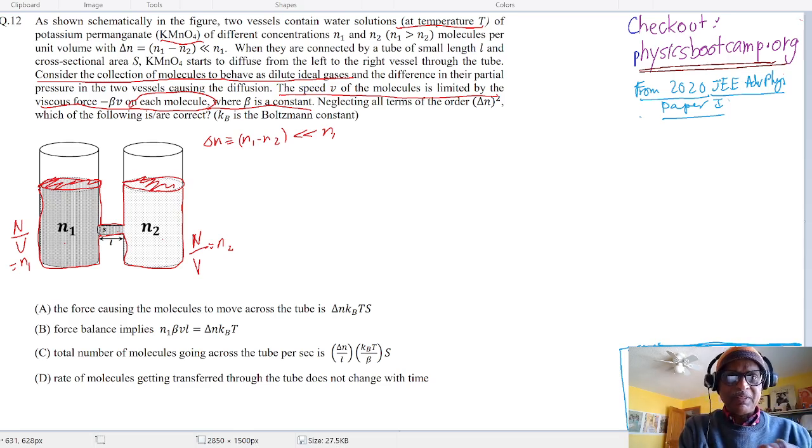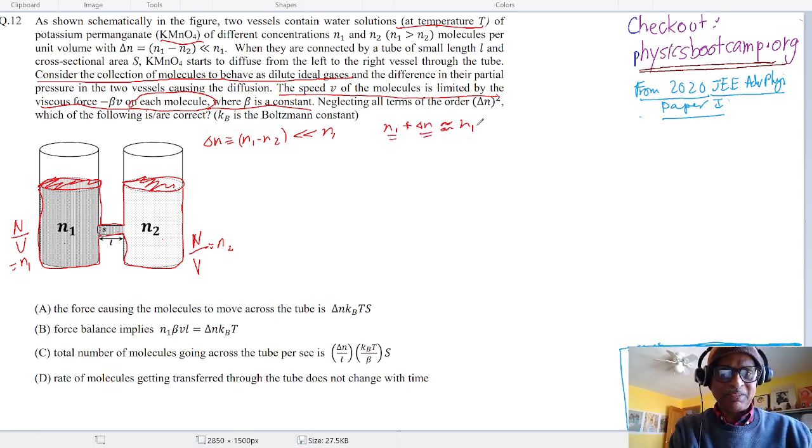So if you say N1 minus delta N is equal to N1, or N1 plus delta N is N1, in the formulas, if you're comparing, you might be able to do just that. But they don't want you to do this all the time.